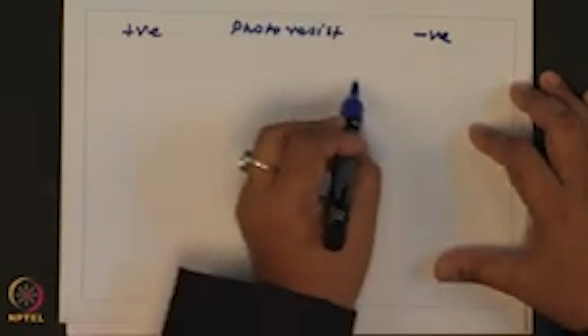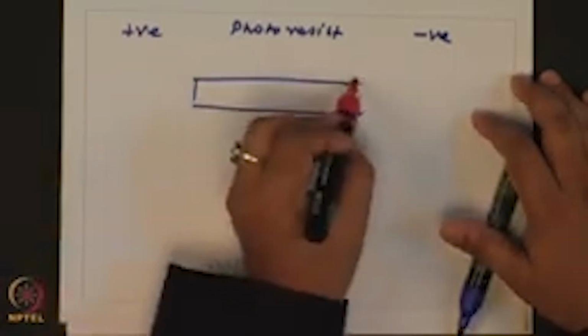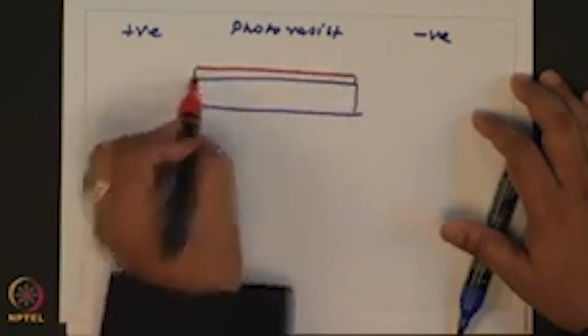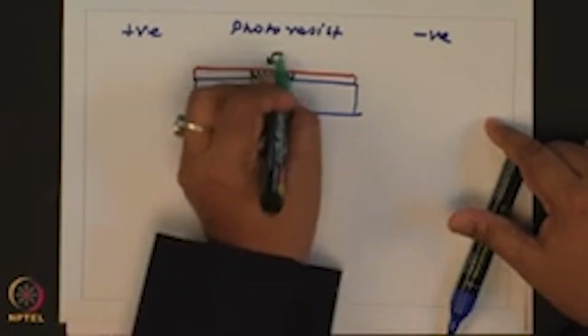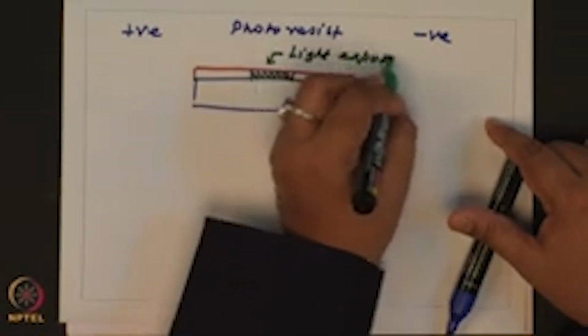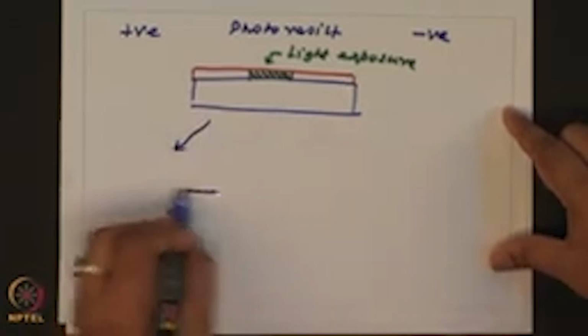If this is your substrate, and imagine this is your entire photoresist, of which you have exposed this zone to light, this is the light exposure. If this was a positive photoresist and you develop the material, then eventually you will have the following thing on the substrate.